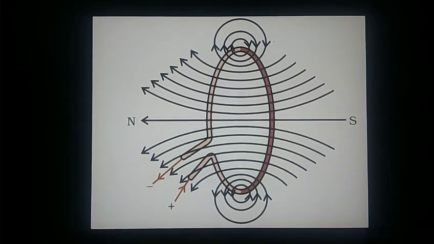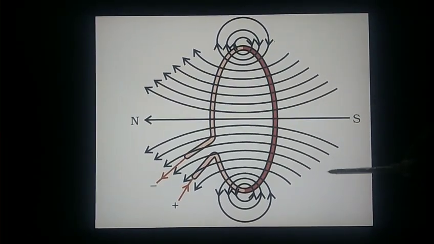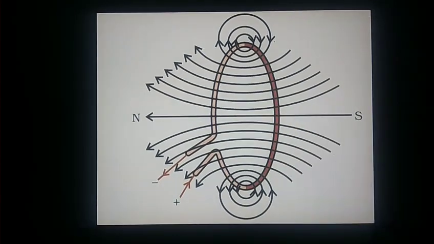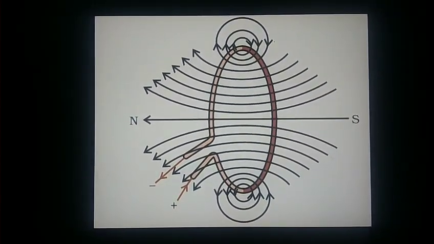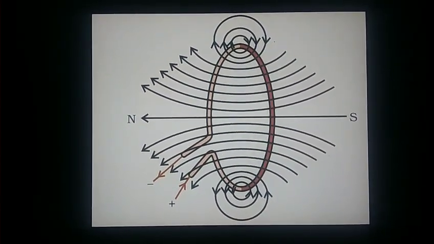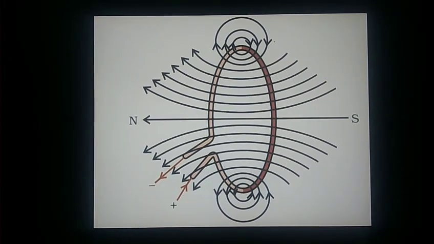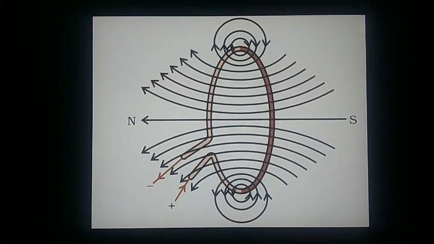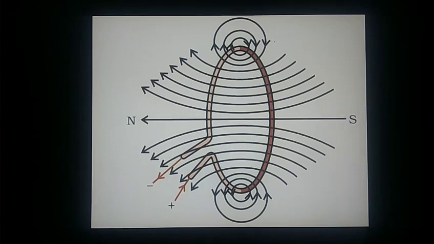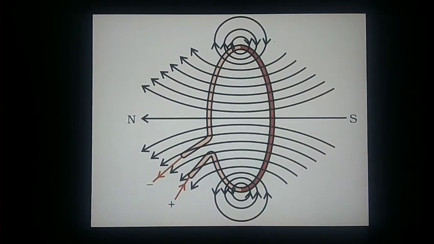If it is outwards, that means outside the loop, the direction of the field is perpendicular to the plane of the paper, outwards. So the direction of the field can be either outwards or inwards.